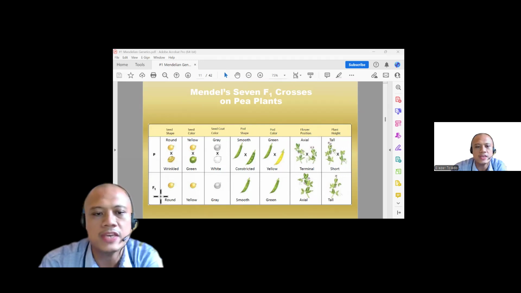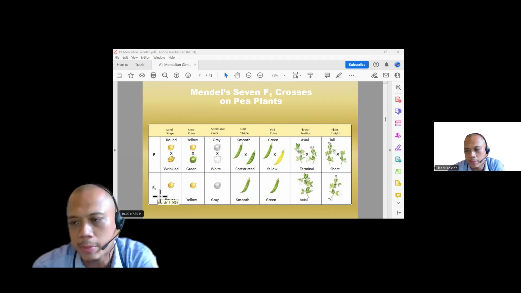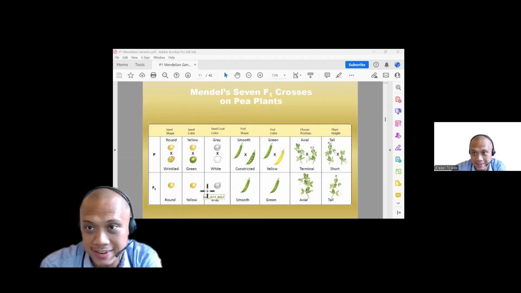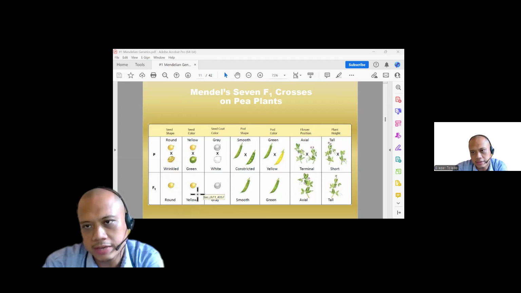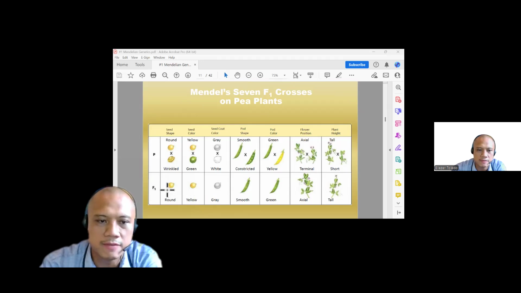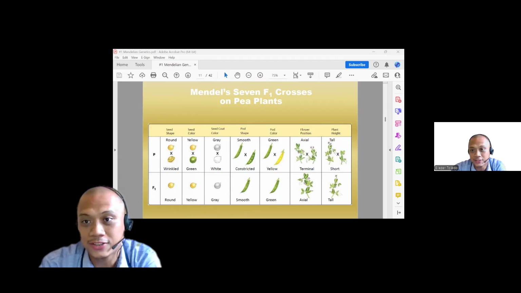Now, if these are the traits that are coming out, how do we define the other traits then? Okay, now take note of the dominant and recessive traits. Which do you think is dominant and which do you think is recessive? Having the F1 having round, yellow, gray, smooth, green, eggshell, and tall.